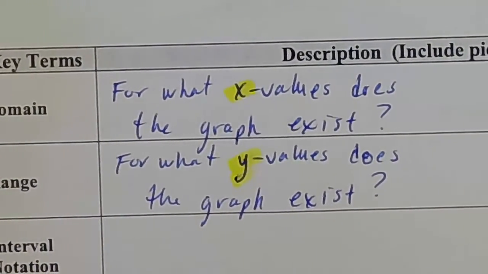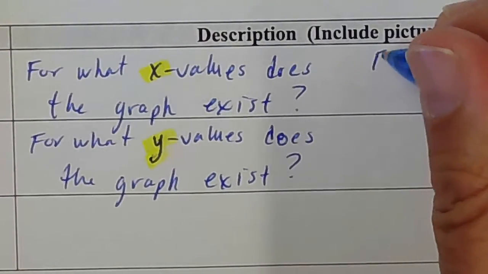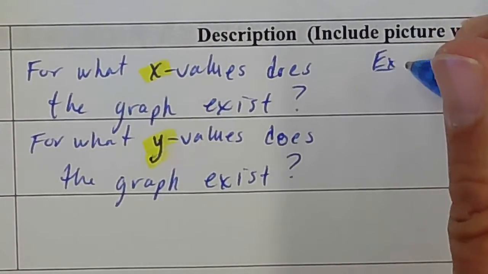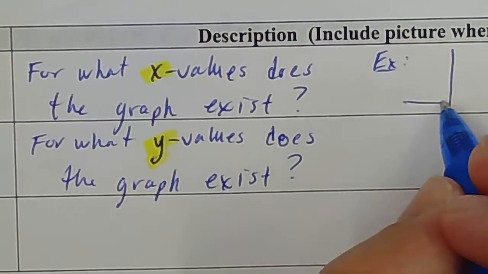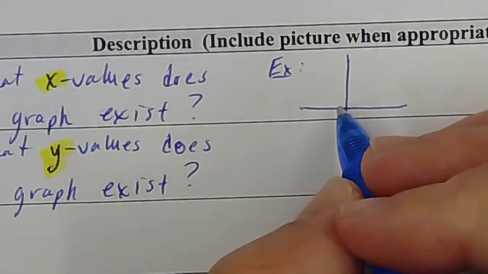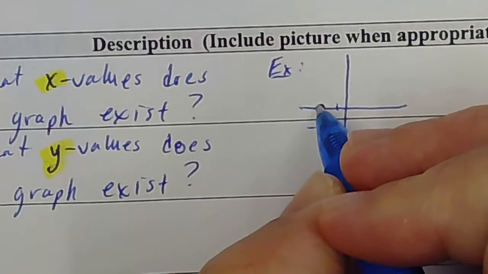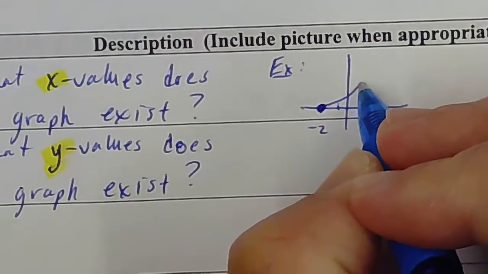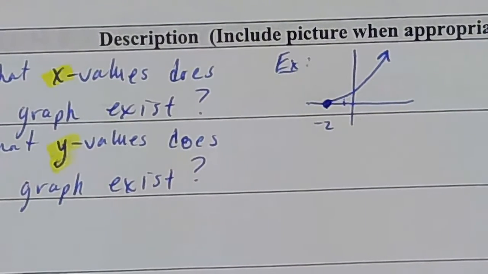Okay, so let me give you a quick little example of this. We'll just fit a graph in here. I'm going to call this an example. At an x value of -2, I'm going to start with a solid dot and just do a half parabola type thing. Okay, so just make that simple graph.